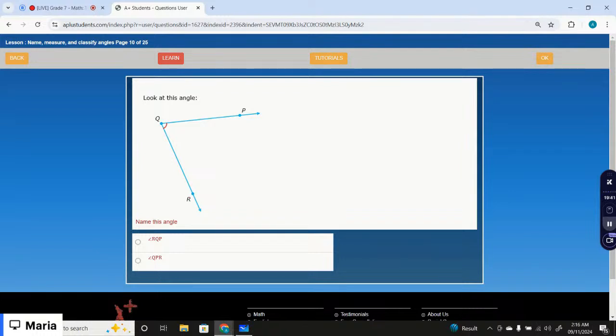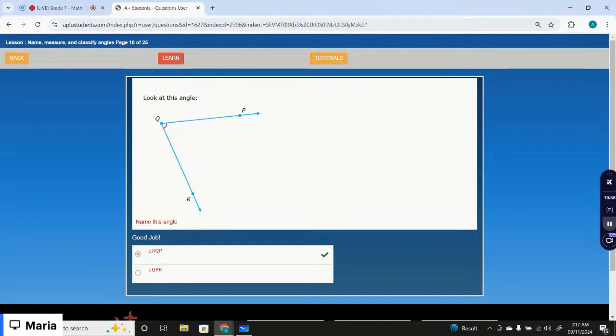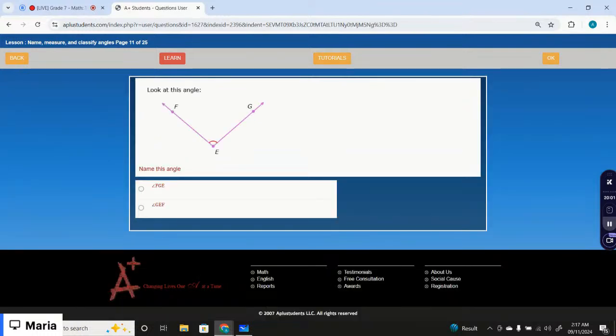Which is the correct option? That is angle RQP. Option number 1 is the correct option. Look at this angle. Name this angle. That is angle GEF. Option number 2 is the correct option.